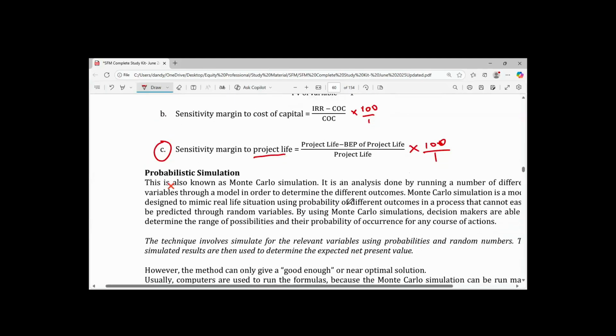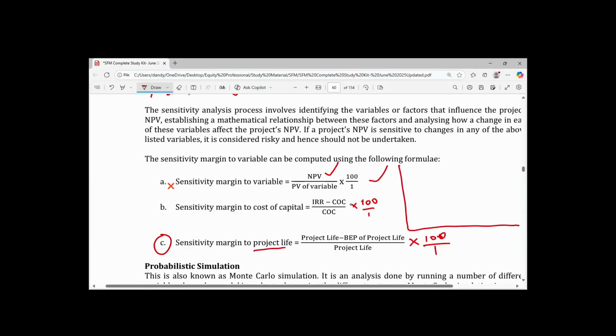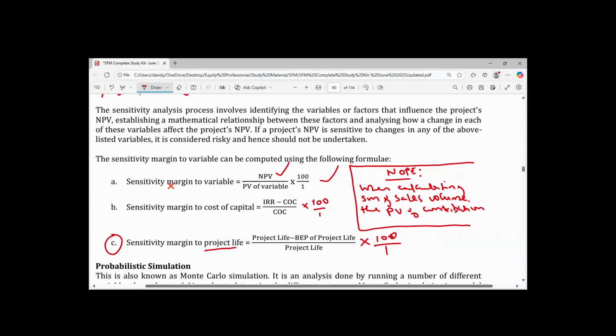Let me find somewhere to put that. Notes: when calculating sensitivity margin of sales volume, the present value of contribution should be used as the denominator.